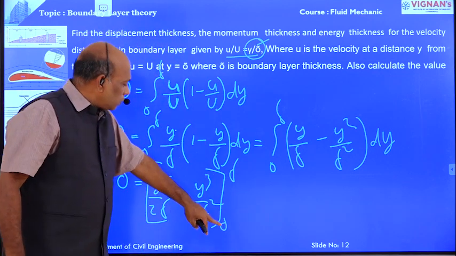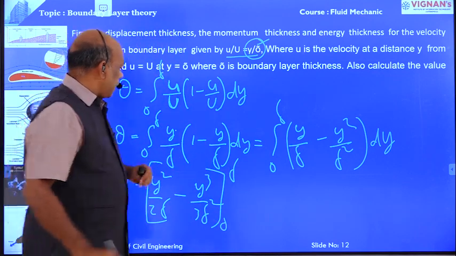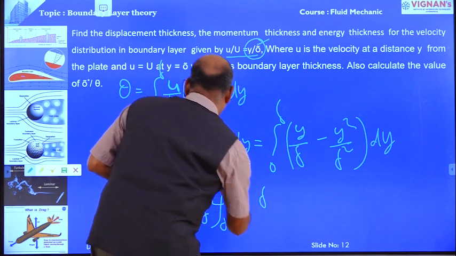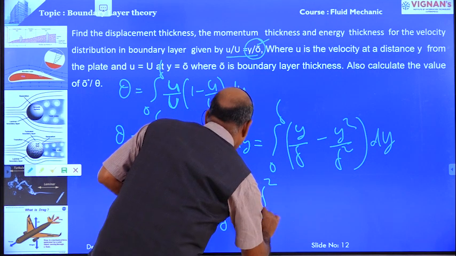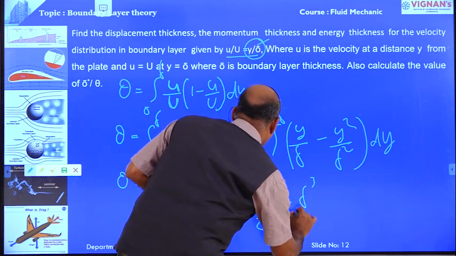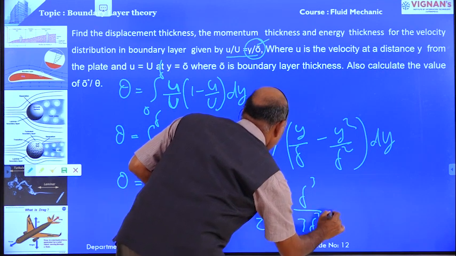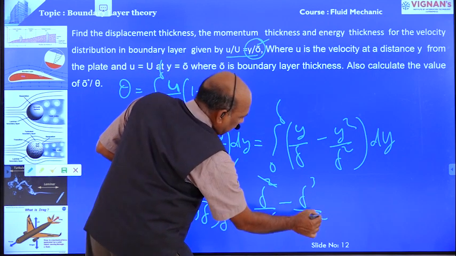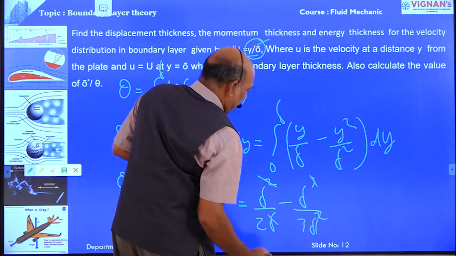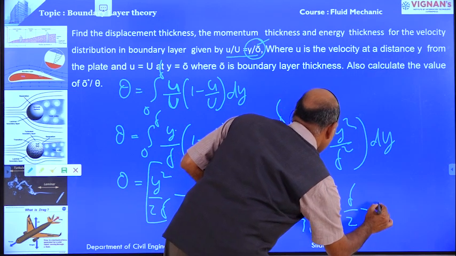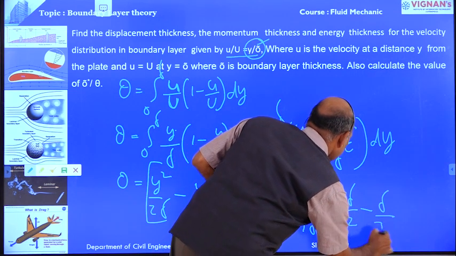Now we apply the limits. This is equal to delta square divided by 2 delta minus delta cube divided by 3 delta square. Delta square gets cancelled, and the delta cube cancels too. This is equal to delta by 2 minus delta by 3.